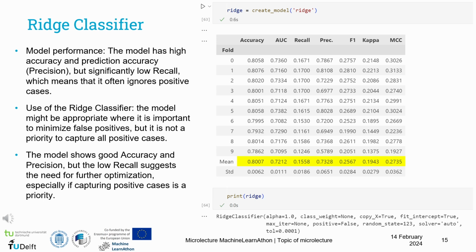This trade-off suggests that the model may be suitable in scenarios where minimizing false positives is more important than identifying all true positives. For example, in applications where false alarms carry a high cost. Overall, the ridge classifier delivers consistent accuracy and precision across folds, but its limited ability to capture positive cases highlights the need for further tuning or an alternative modeling approach if recall is a critical priority.